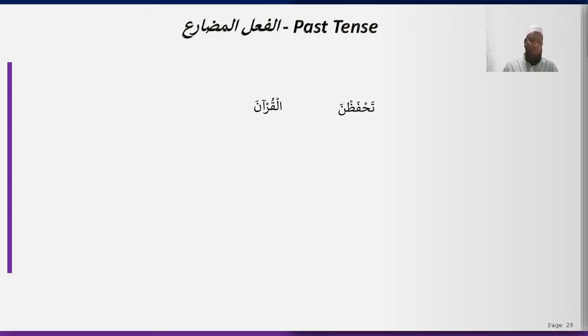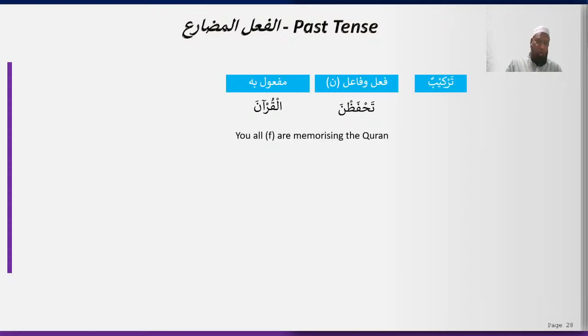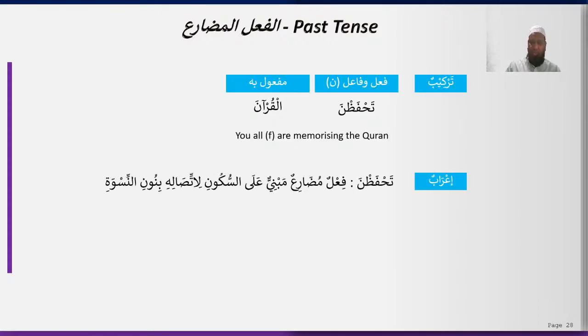There are only two sigas in fi'l mudari' mabni ala sukun. One is jama' muannas ghaiba, the other is jama' muannas mukhataba. One ghaib starts with the ya, and the mukhataba starts with the ta. So it is jama' muannas mukhataba. You all female are memorizing the Quran.